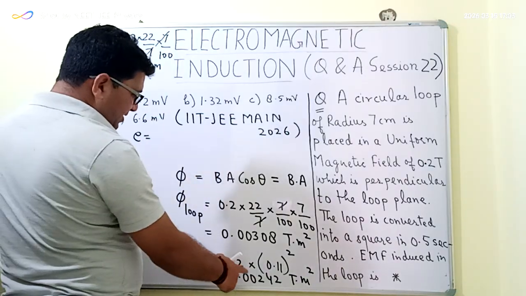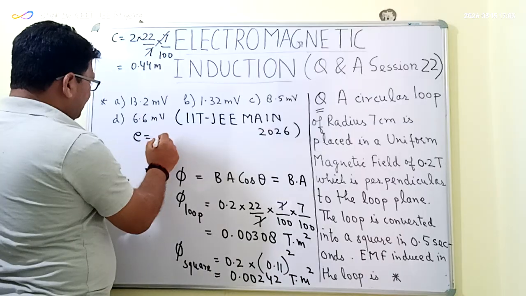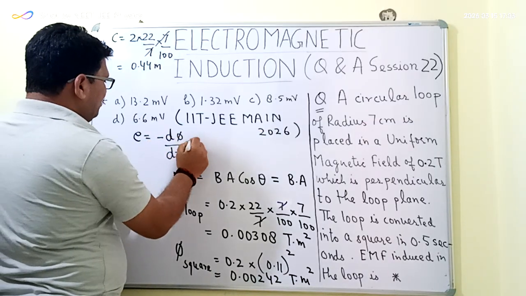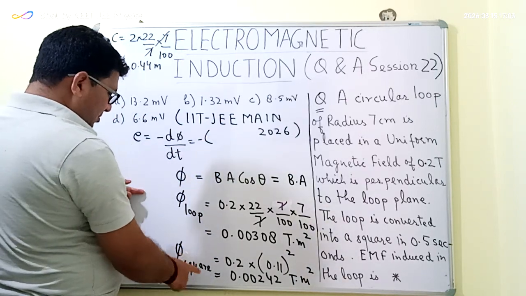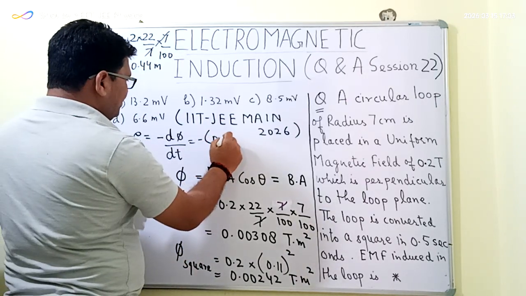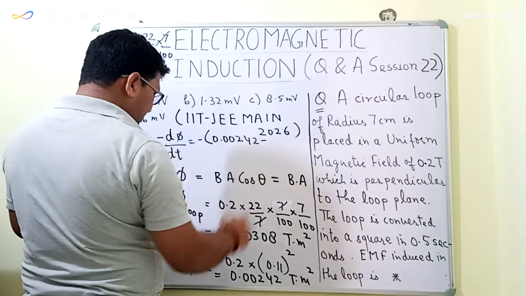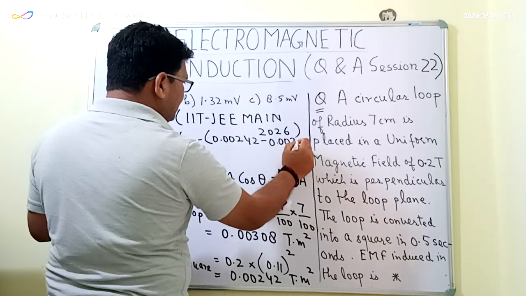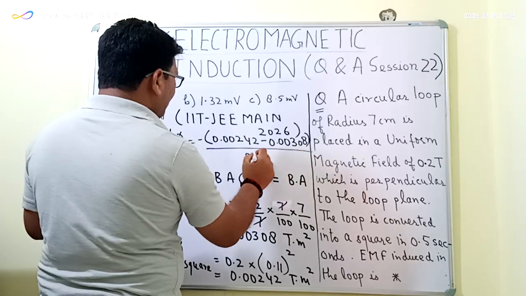Now the change in the flux is equal to minus d phi upon dt, and this is equal to minus, 0.00242 minus 0.00308 divided by 0.5.